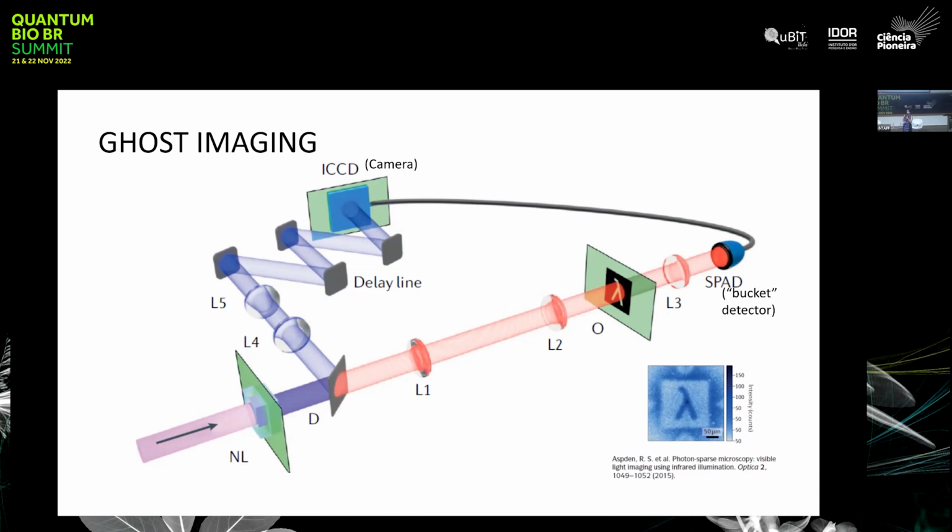So what this allows us is to put a camera there and see single photons, obviously accumulating them, producing an image.